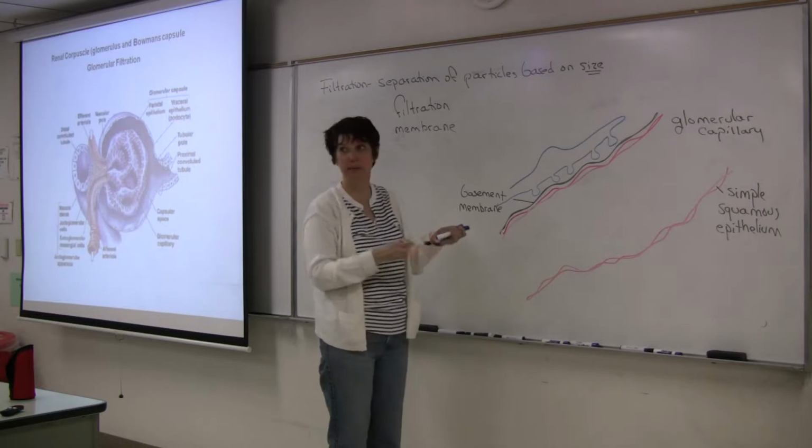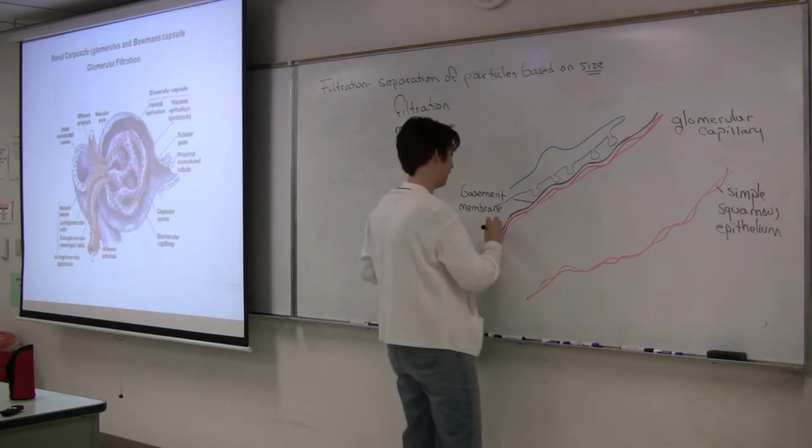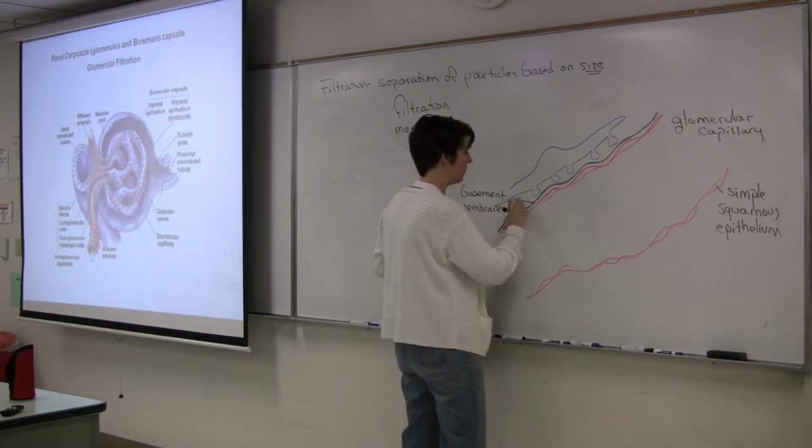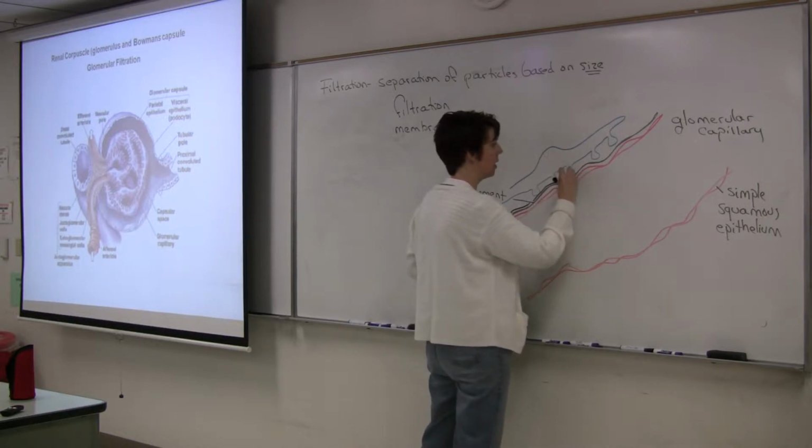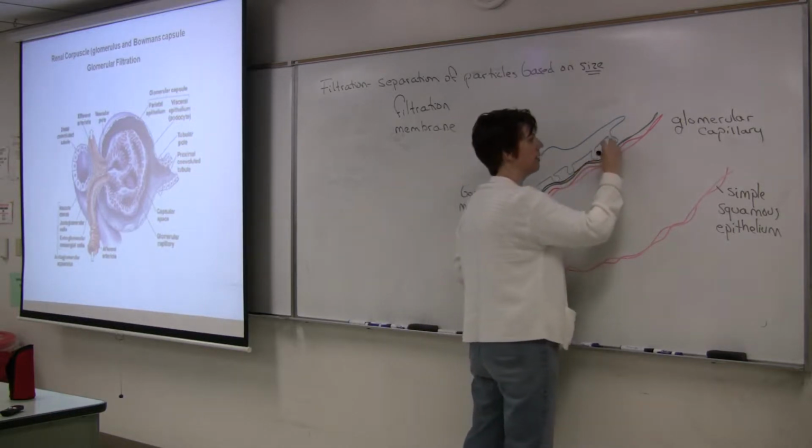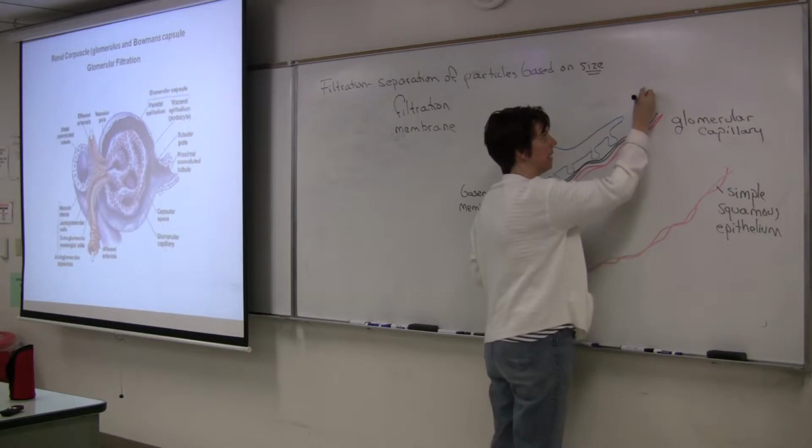Since it's an epithelium, it also has a basement membrane. So now we have this double basement membrane. No connective tissue, just this double basement membrane.